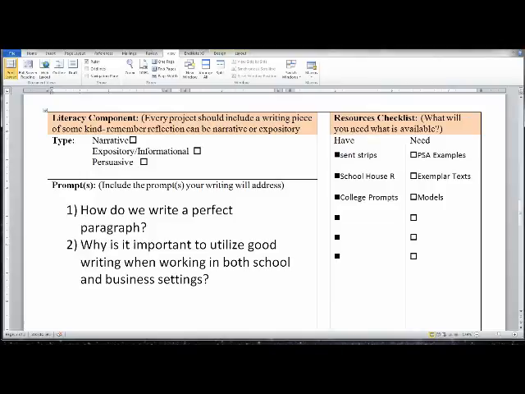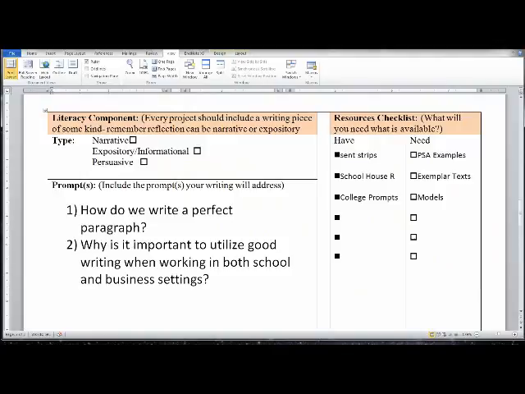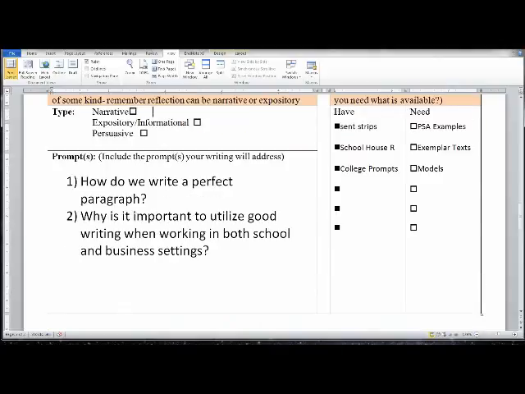So you have a checkbox here. What kind of literacy, what type of writing are you going to have them do? And I put up there, remember, reflection, it can be narrative or expository. You can have them reflect on how they went about solving a math problem and explain it. That's expository writing. You can have them talk about why they feel the way they feel, and that could be narrative or expository. So for me, I have a narrative component here. I have an expository component.